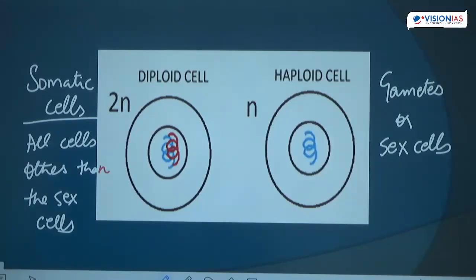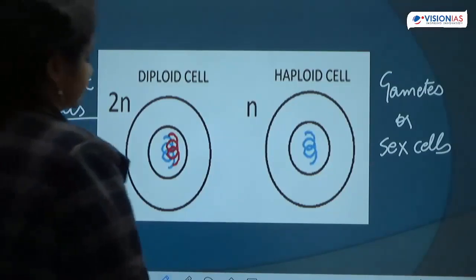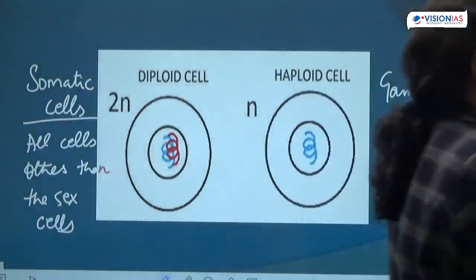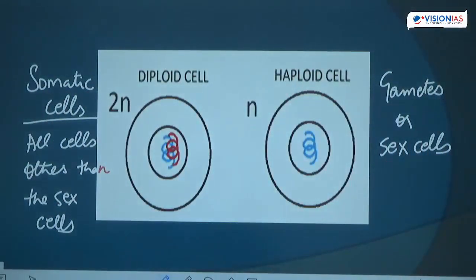They are found in the somatic cells. That is any cell other than the sex cells.